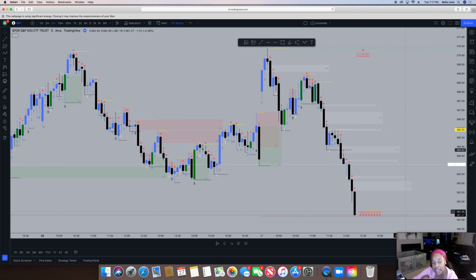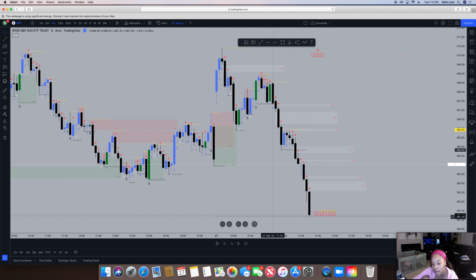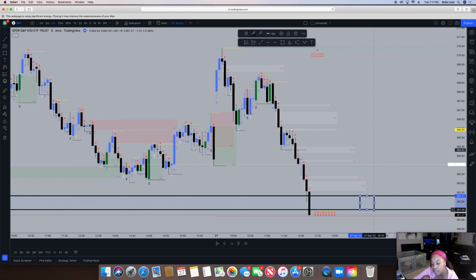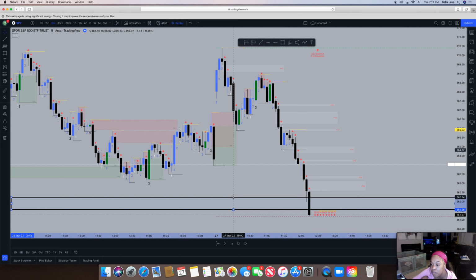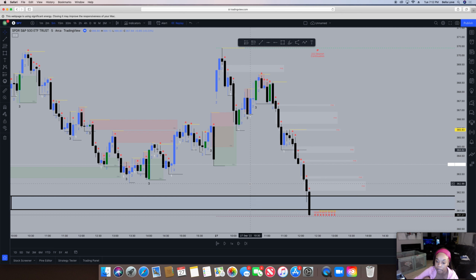But right now is not the exact time that I would want to enter, because usually after a drastic move like this, the market will consolidate. It'll consolidate in a range. So let's just say if I want to have my range, until it really breaks 362.30, I'm not looking for entries on calls yet.